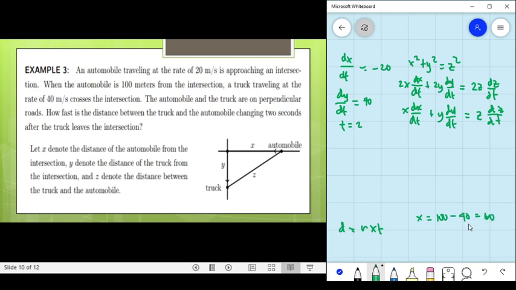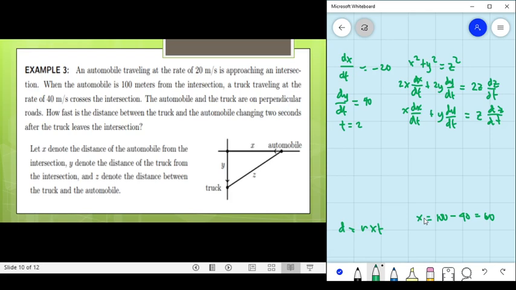On the other hand, your y, which is 40 times 2, because 40 is its distance, then times 2 equals 80.